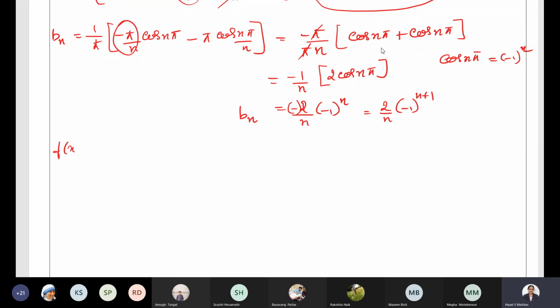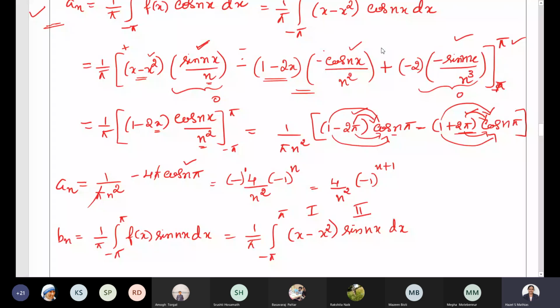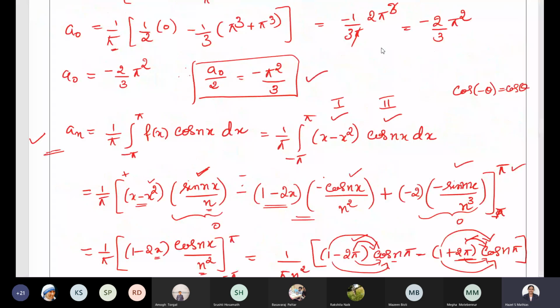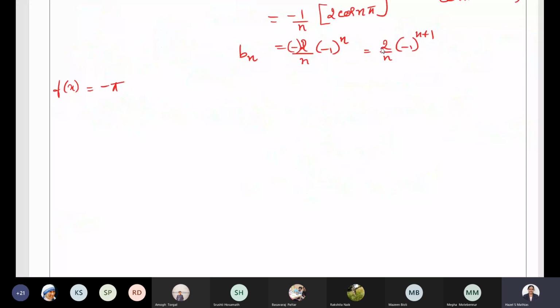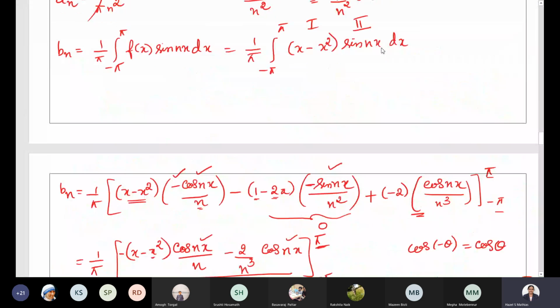So finally you have to write f of x. f of x is what? a naught by 2. We have found a naught by 2, that is minus pi square by 3. So substitute over here. It is minus pi square by 3 plus summation n equal to 1 to infinity an. What is the value of an?